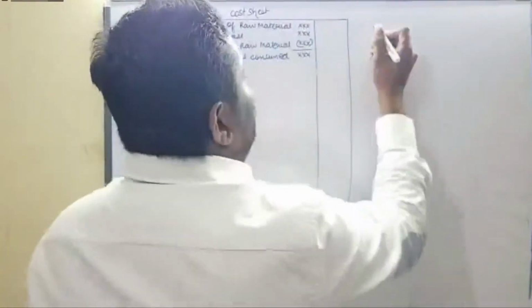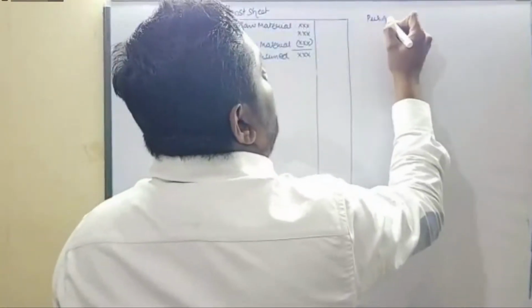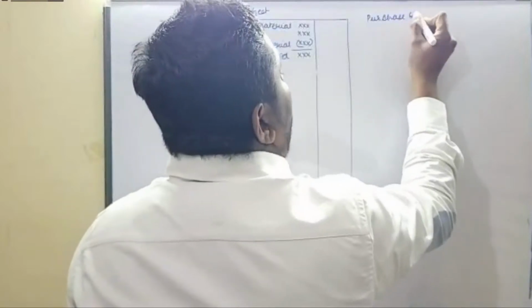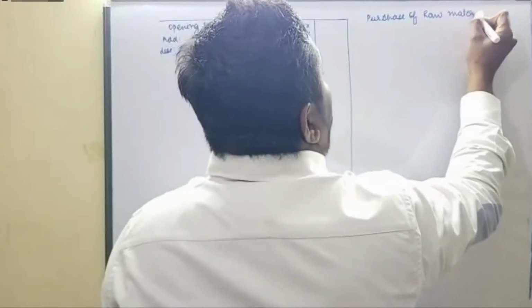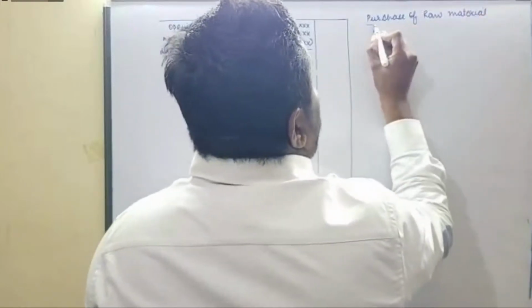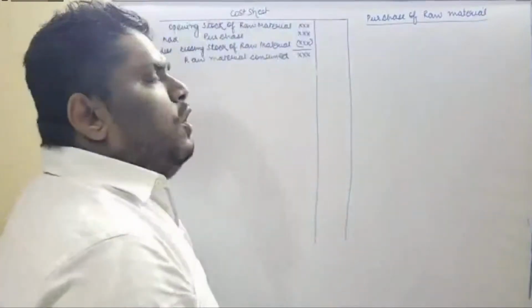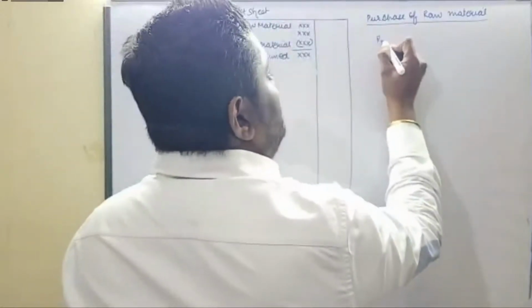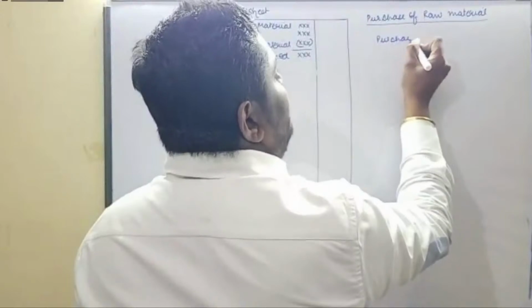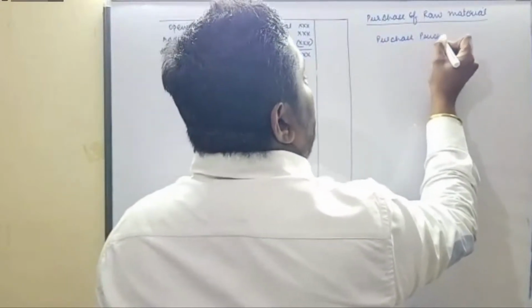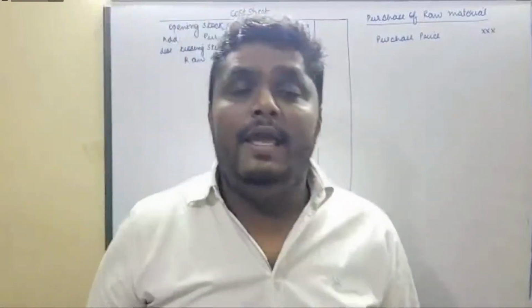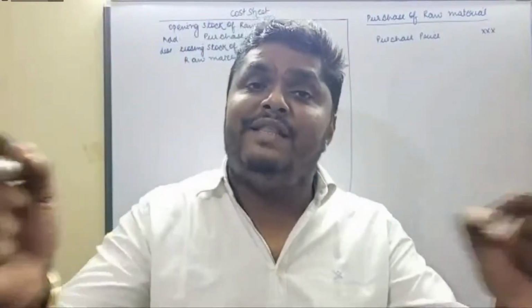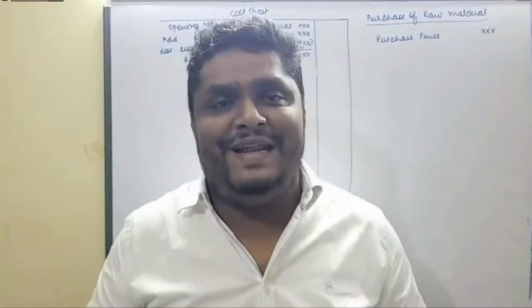So when talking about the purchase of raw material, we'll first write the purchase price, that is the amount that is being paid to the supplier. In purchase price, we will add whatever the expenditures that are incurred till the factory gate.